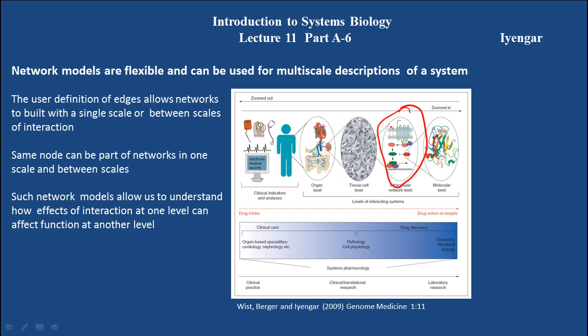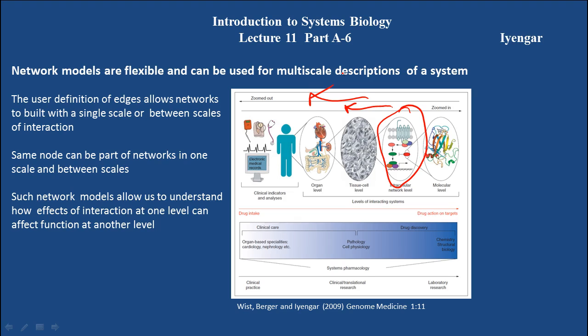You can also build a network where certain molecular entities are connected to certain tissue or organ characteristics. So this ability to build these networks within scales and between scales allows one to connect key reactions at one level to functions at another level.